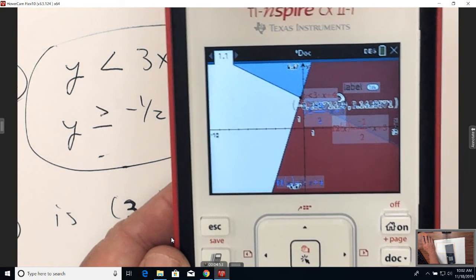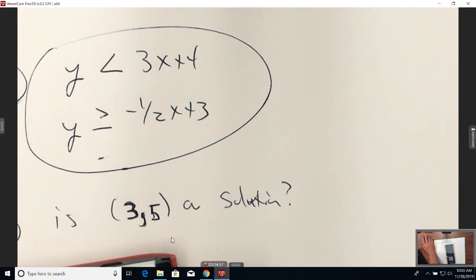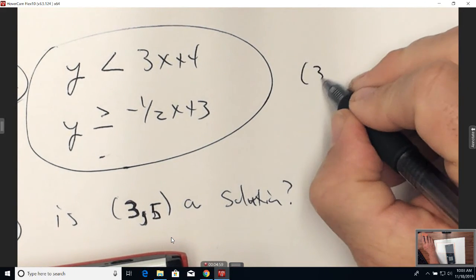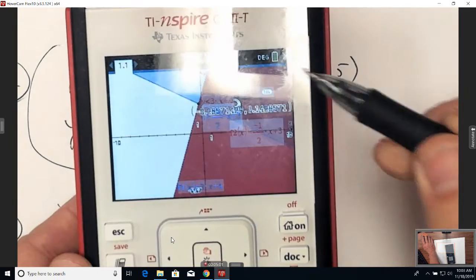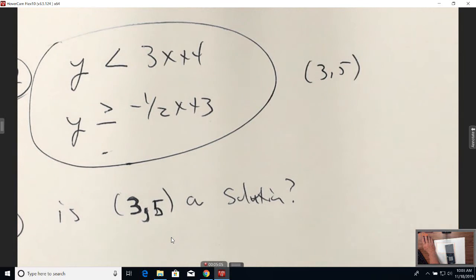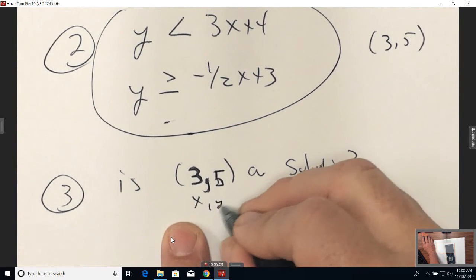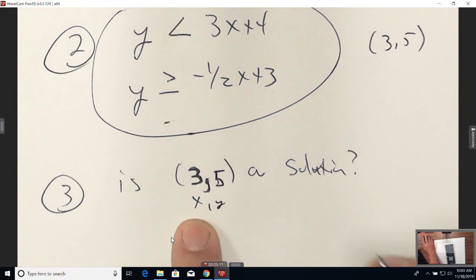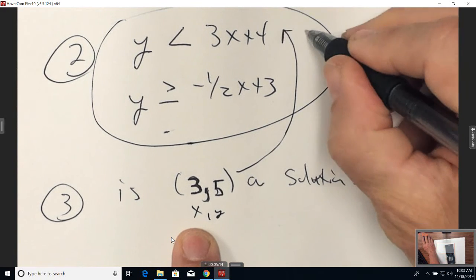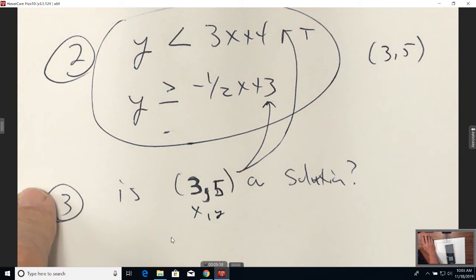At that point (3, 5), that is a solution to this system of inequalities because the point is in the double shaded region visually, but it's also a solution because it is an x and a y that makes the first inequality true and the second inequality true. Let me show you why.